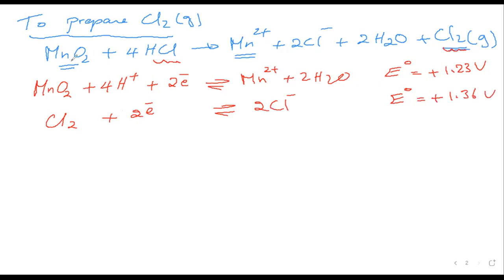Now we want to find out, will this reaction take place, that the manganese 4 oxide reacts with the chloride ions? We have these two equations. When we arrange them so that the one with the less positive value is on the top and the other one on the bottom because it has the more positive value, according to this arrangement, which species is going to react with which species?